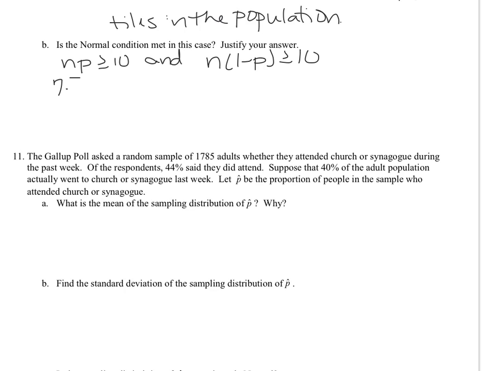So no matter what p is, p has to be less than 1, right? Because thinking about it being a percentage. So the fact that the sample size is 7 by itself, it already has failed the condition for normality. So it doesn't even matter what p is because 7 is so small. So 7 is too small.